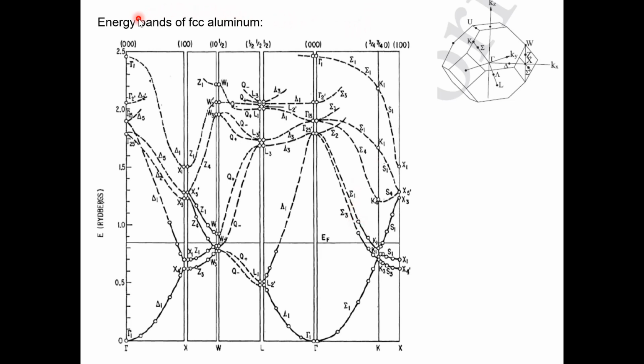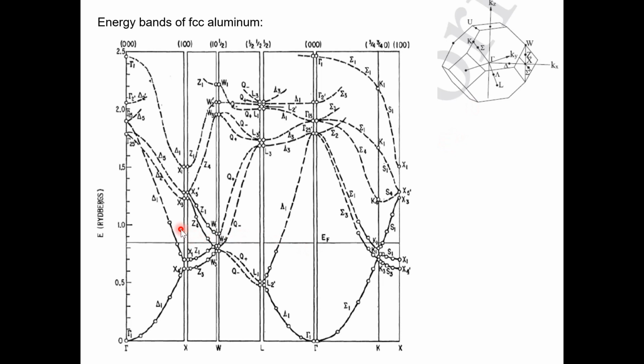So this is an example of the energy bands for aluminum, which is an FCC structure. Again, this is the Brillouin zone, and you see here that you plot the energy bands along different directions: gamma X, X W, W L, gamma L gamma, gamma K, and KX. That corresponds to a given circuit along the first Brillouin zone.